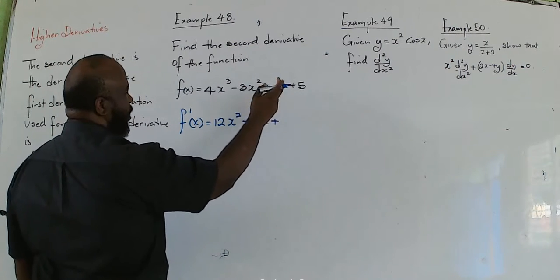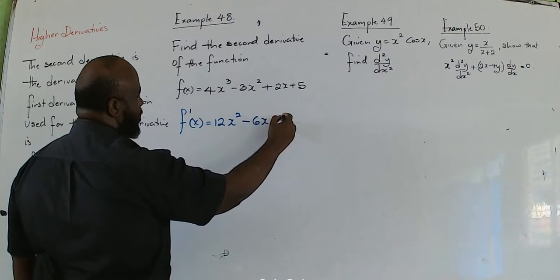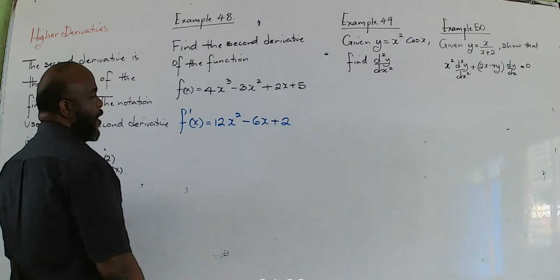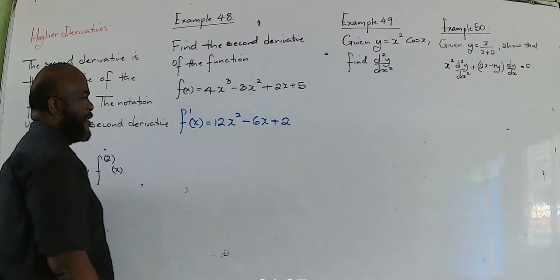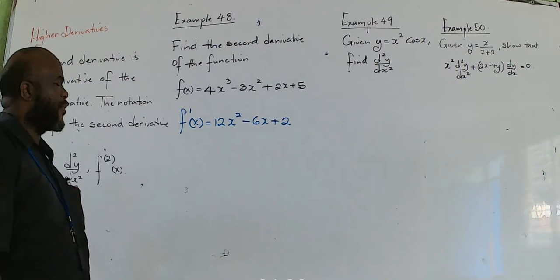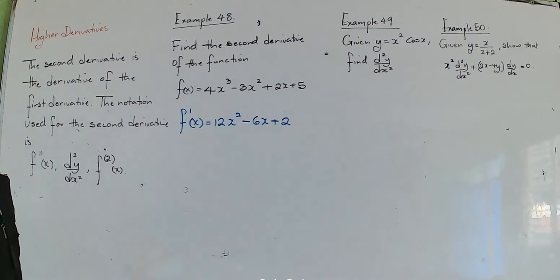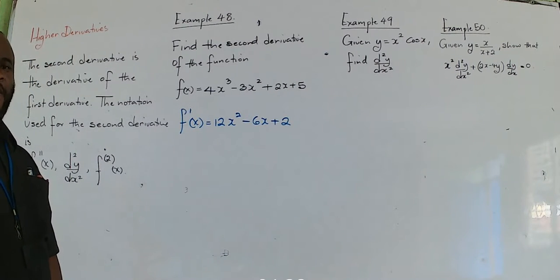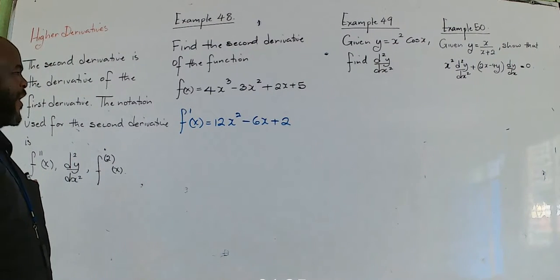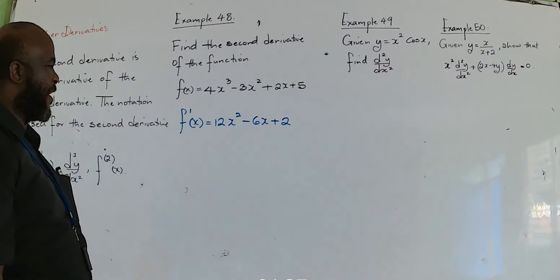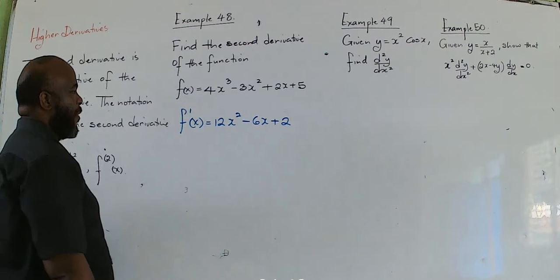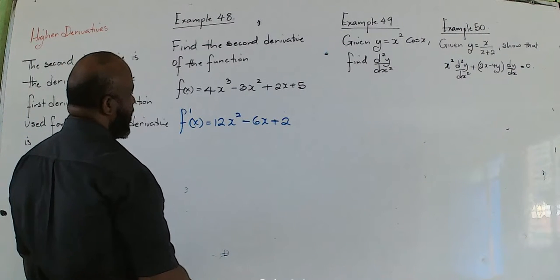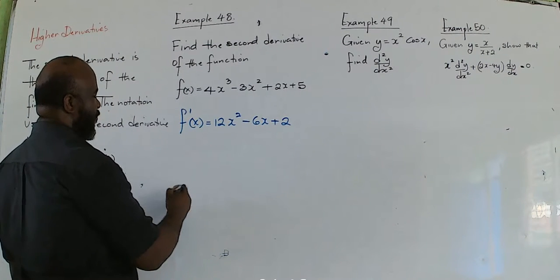Plus, when you differentiate 2x, you get 2. And when you differentiate 5, which is a constant, you get 0. So the first derivative, f prime of x, is equal to 12x squared minus 6x plus 2. Let's differentiate again. And remember, the second derivative is the derivative of the first derivative.